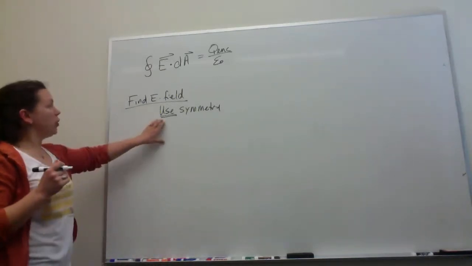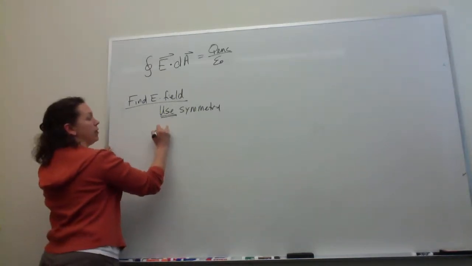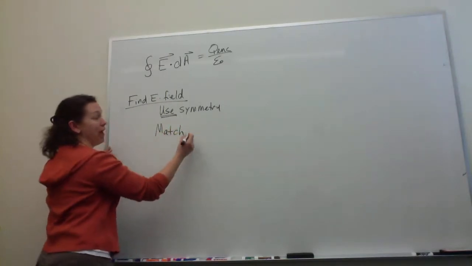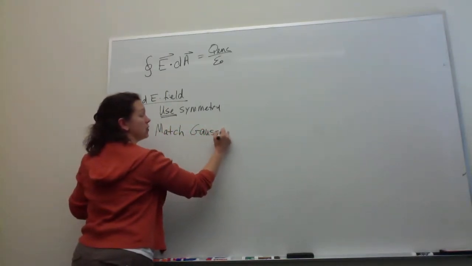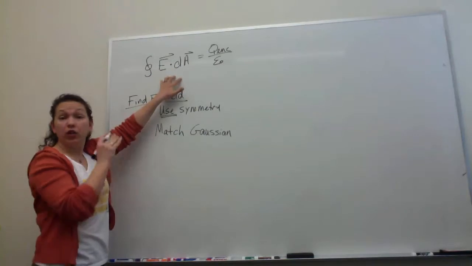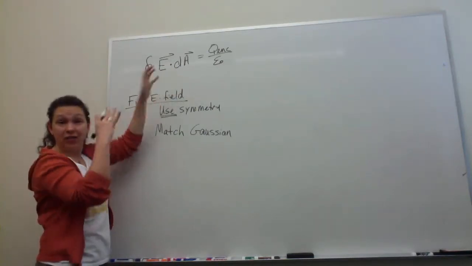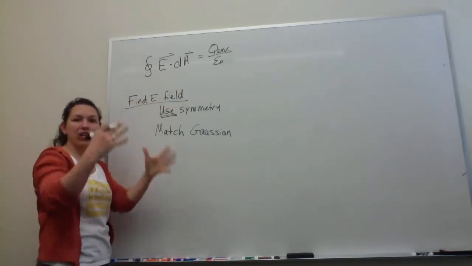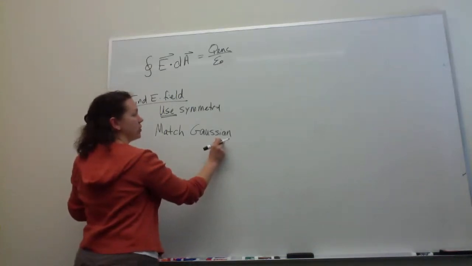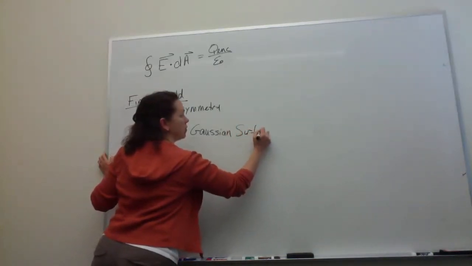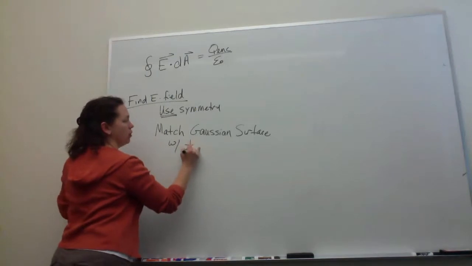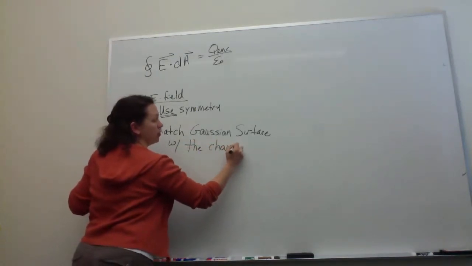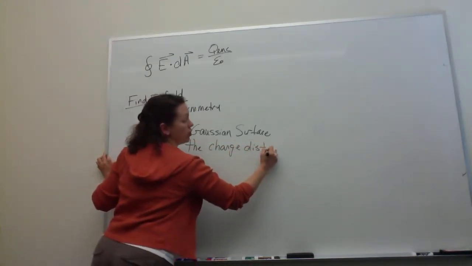What we want to do is match the Gaussian surface, the shell that you are using, with the charge distribution. It's mathematically defined. It's not an actual shell.